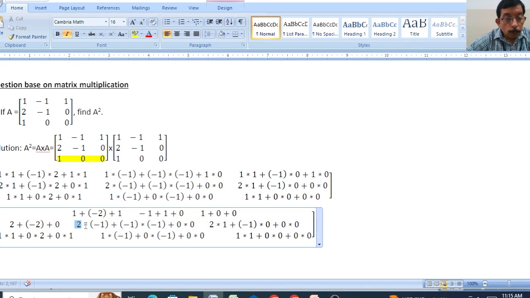Minus 1 into 2, minus 2. Minus 1 into minus 1, plus 1. 0 into 0, 0. 2 into 1, 2. Minus 1 into 0, 0. 0 into 0, note down 0 in the same position.